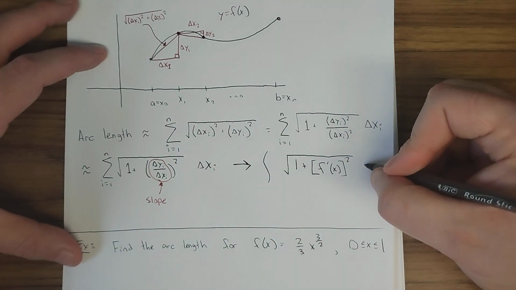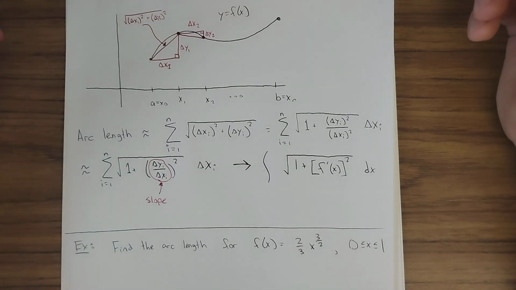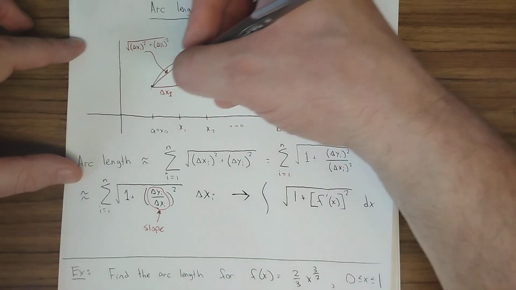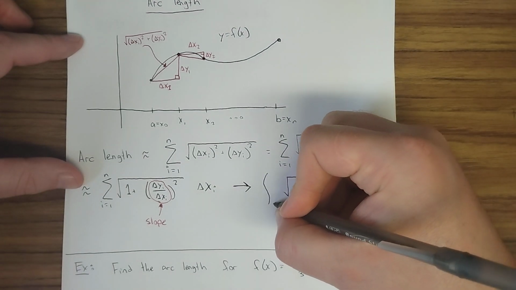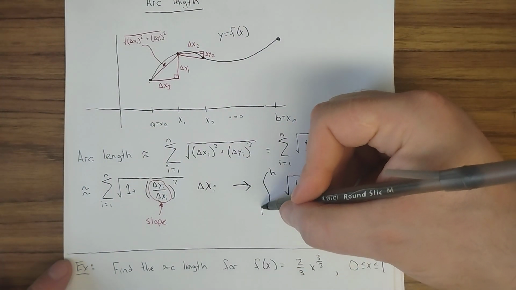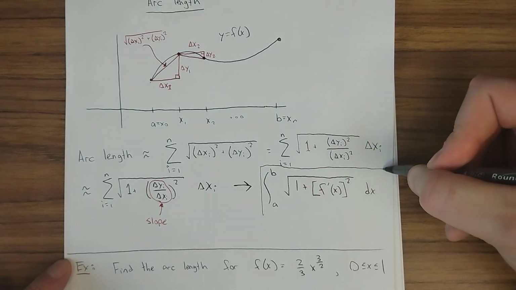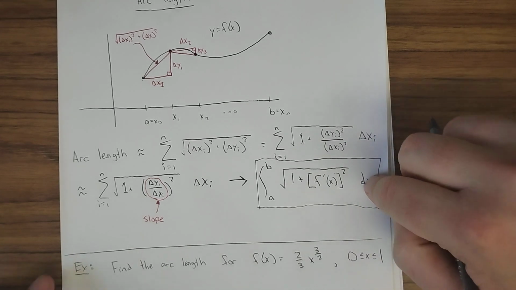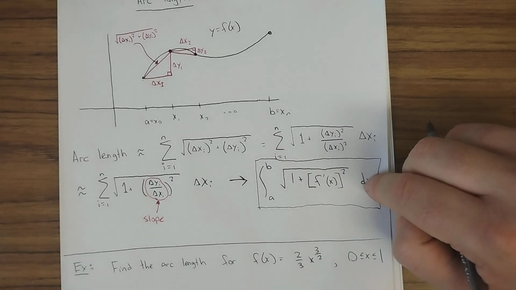And then the delta xi becomes a dx when I transform this into an integral. The limits of integration should be x equals a and x equals b. And that's the formula we're going to use. If you got a little bit lost, don't worry. We're just going to use this formula.